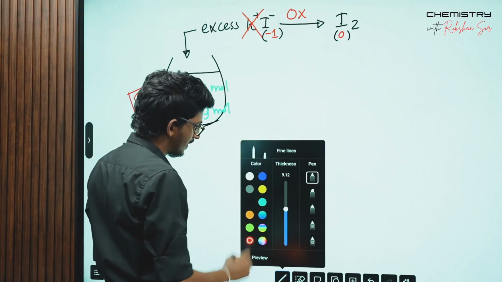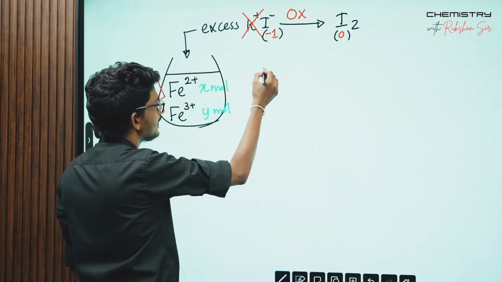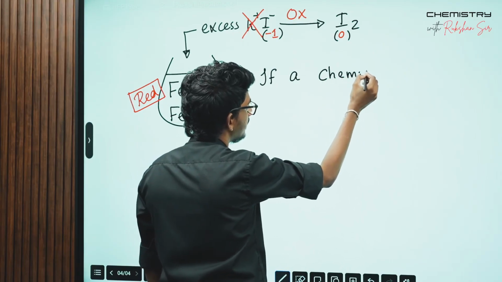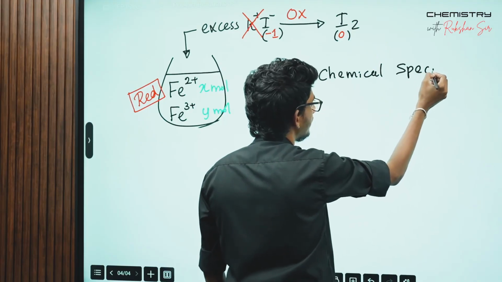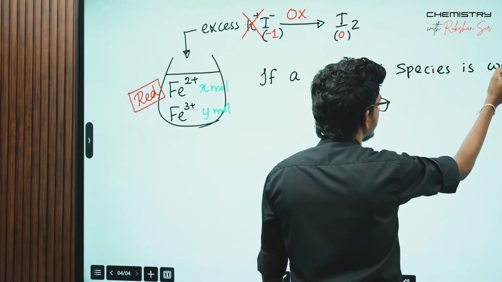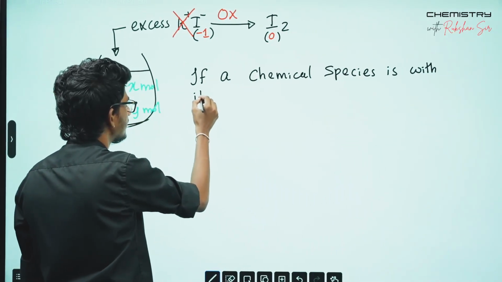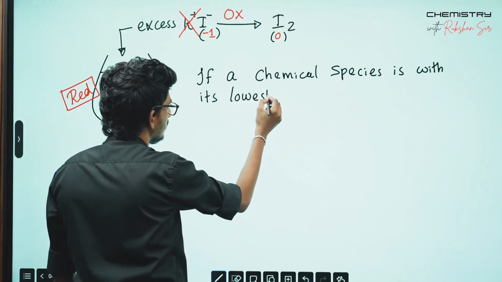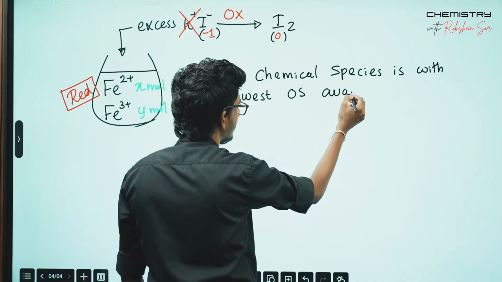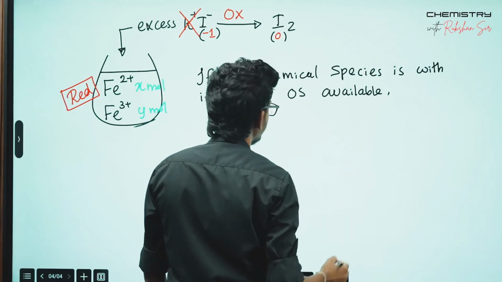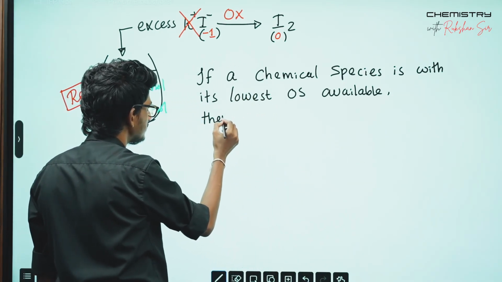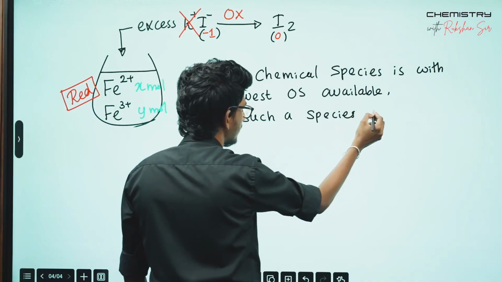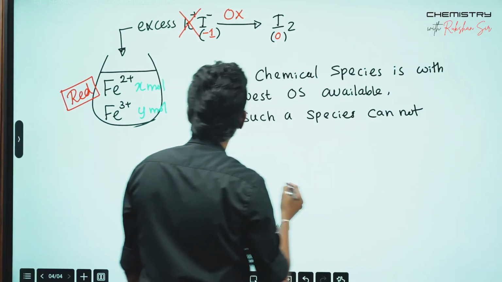So now again we can apply the same theory. What is the theory? If a chemical species is with its lowest oxidation state available, then such a species can't get reduced.